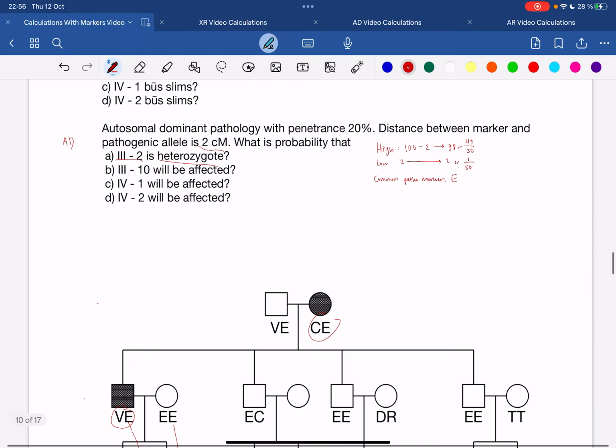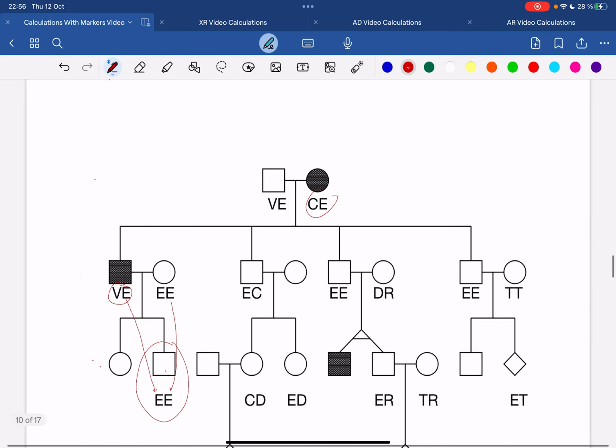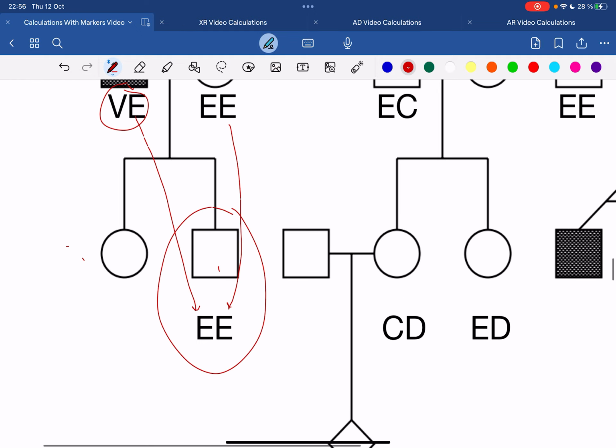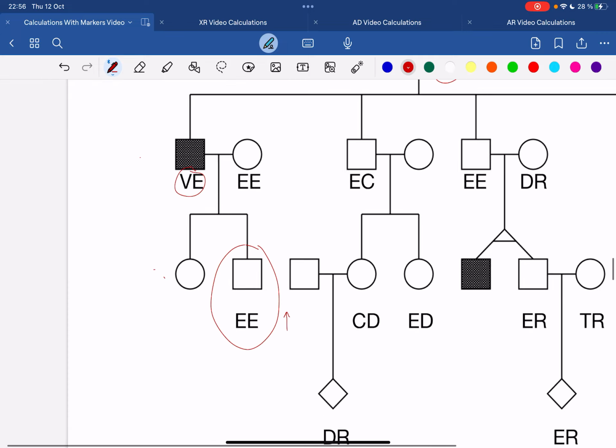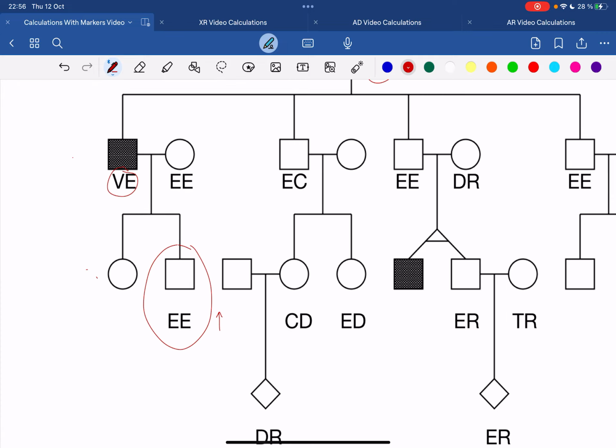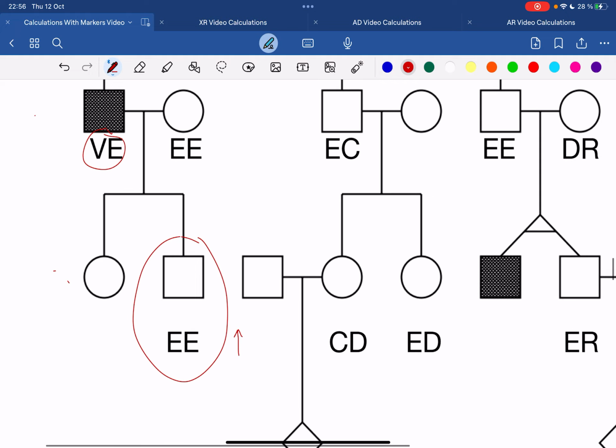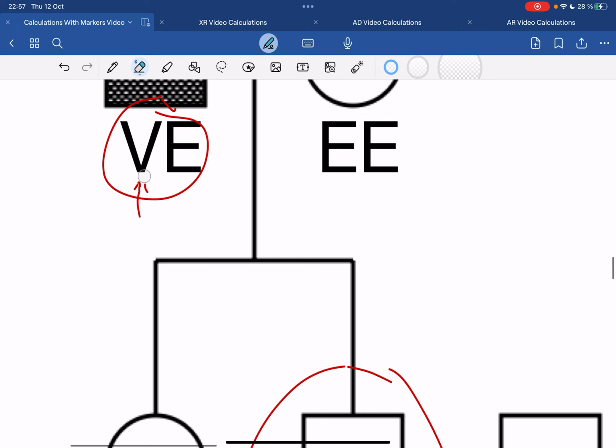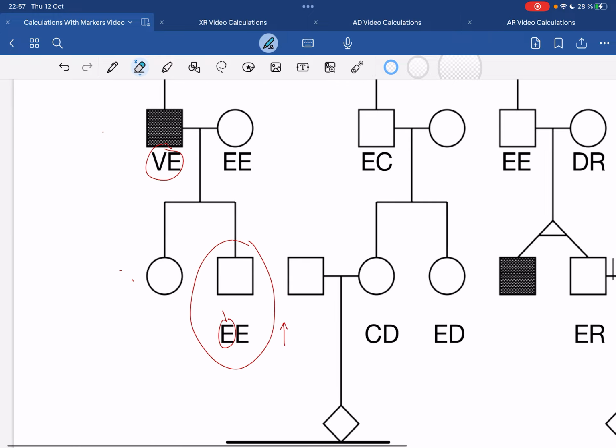And we know that the E is the common pathomarker, so the chance for this person to be a carrier is actually quite high because the markers correlate with the pathogenic or non-pathogenic allele. However, there's still a chance that this E that the person got from the dad is actually a V undercover due to crossing over, right?